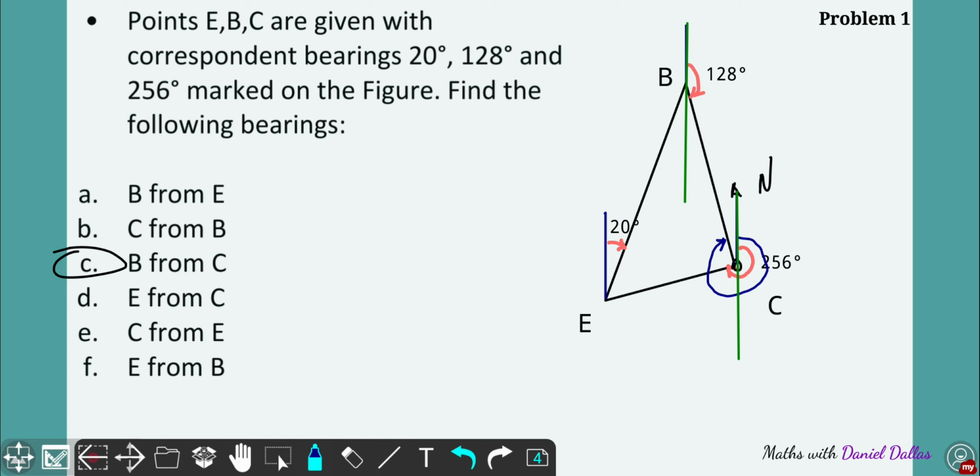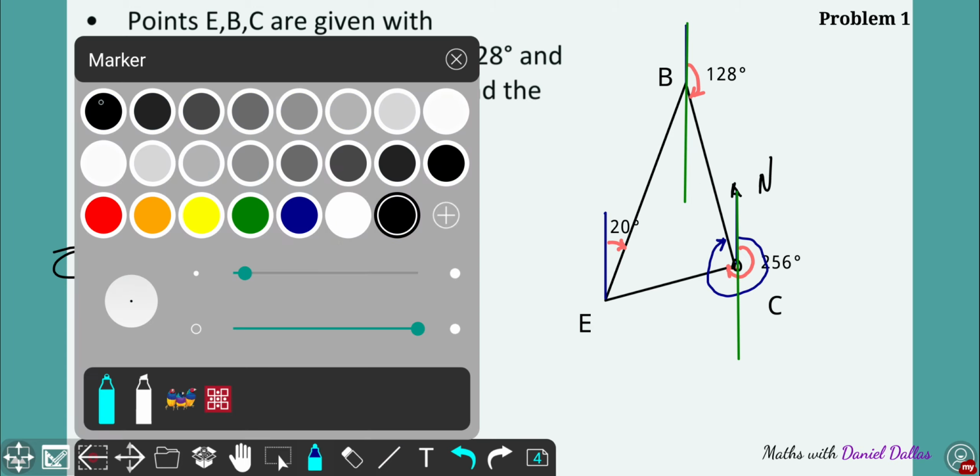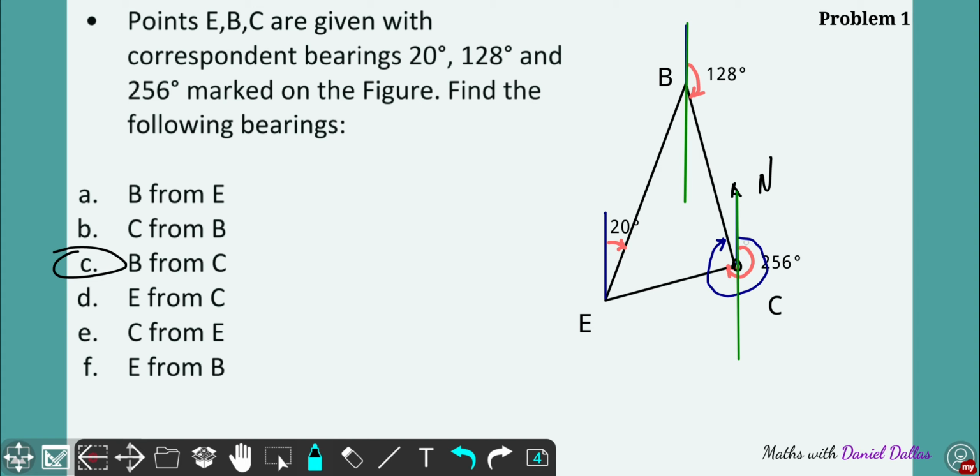Why am I going to use that? Let's have a look. Your complete bearing consists of 180 degrees right there. This angle is 180 degrees, so we fixed it.